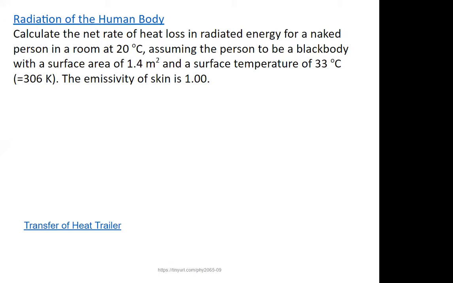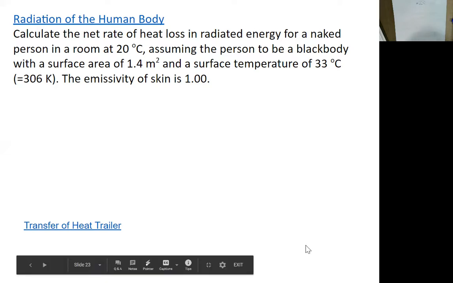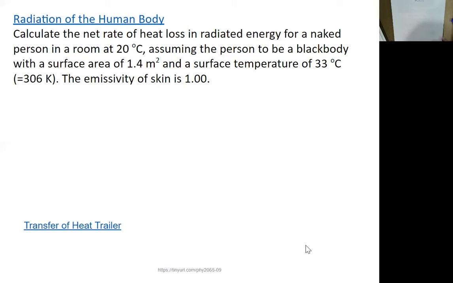You probably realize that you have to convert the Celsius into Kelvin first, because the temperatures are not in SI units. I'm going to just show you the solution here as we are running out of time.